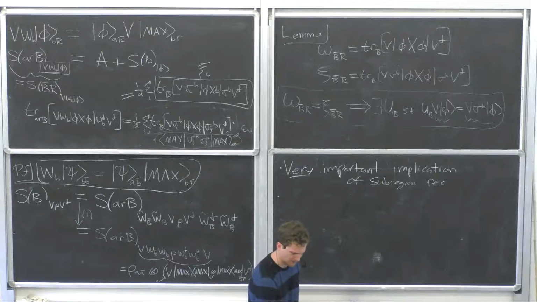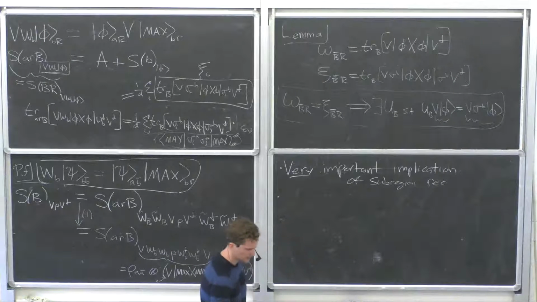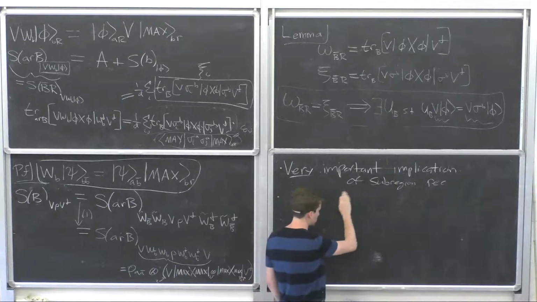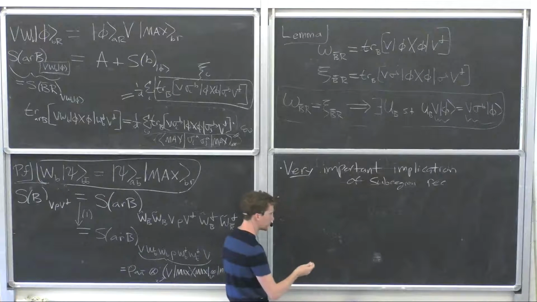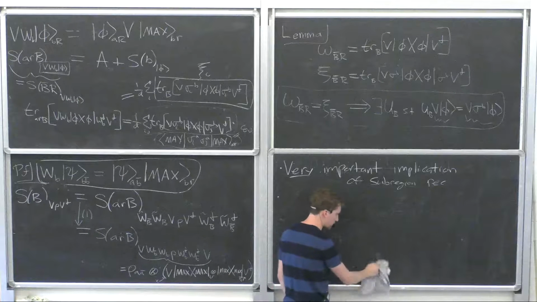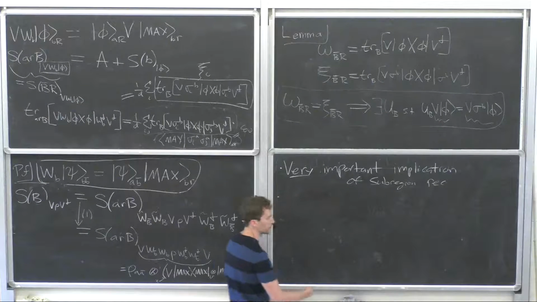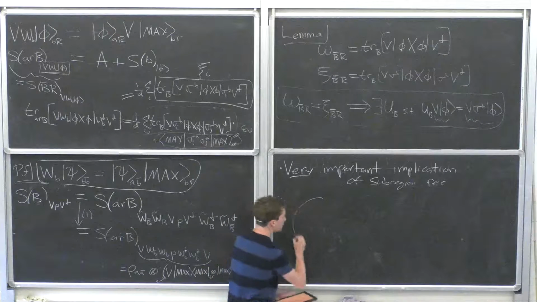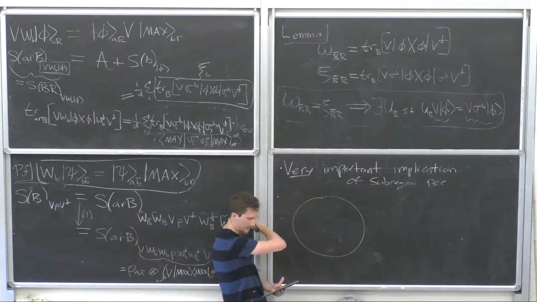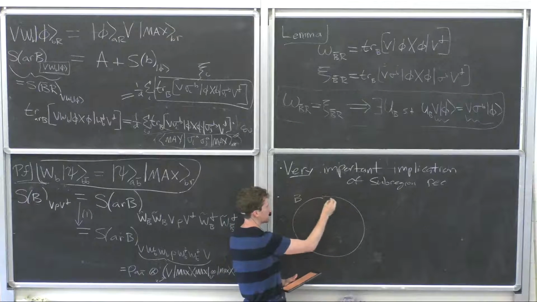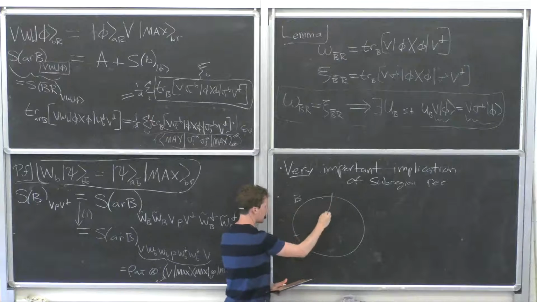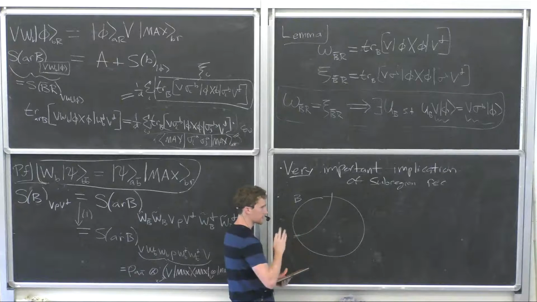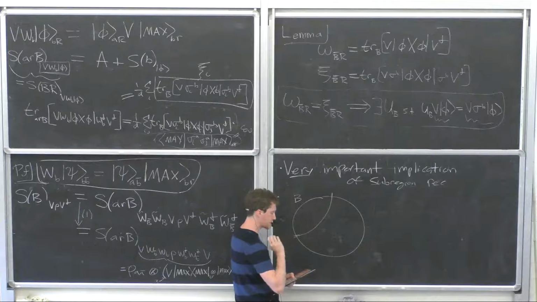Here's how you argue that. And the slogan for this, for the people familiar with it, is that we're going to argue that you need to think about these operators as only working in a so-called code subspace. So let's imagine we have a time slice of AdS/CFT. We have some boundary region B. Maybe it's this. Here's its QES. So we know that at least in these fixed QES subspaces, it works.